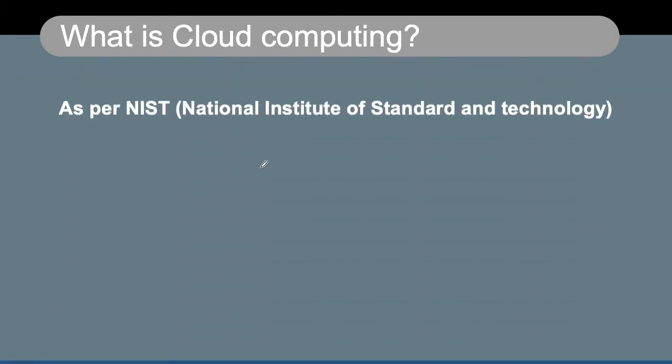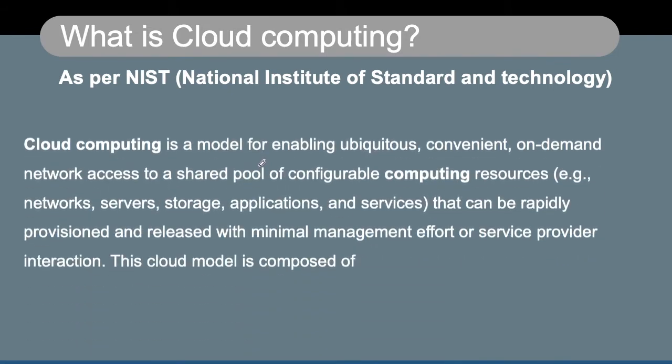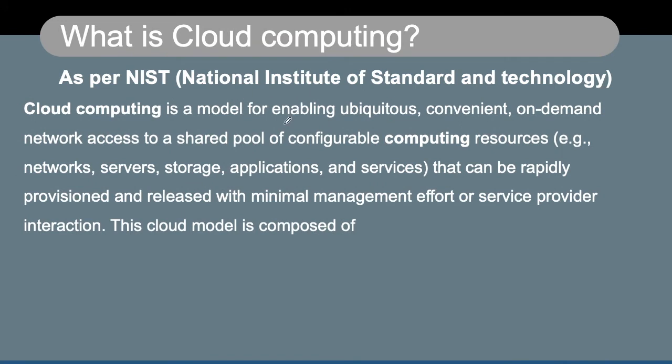Now, what is cloud computing? As per NIST, the National Institute of Standards and Technology, cloud computing is a model for enabling ubiquitous, convenient, on-demand network access to a shared pool of configurable computing resources. That means the computing resources can be networks, servers, storage, applications, and services.